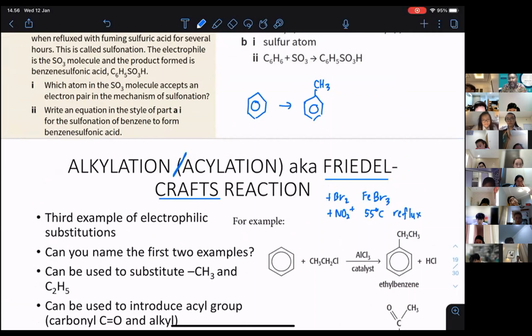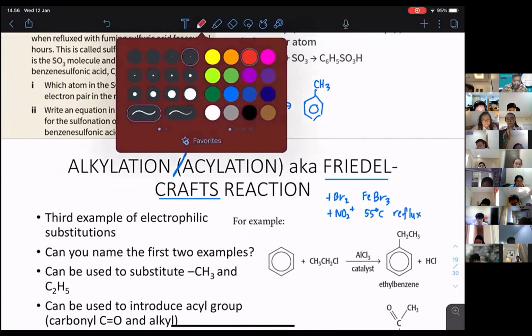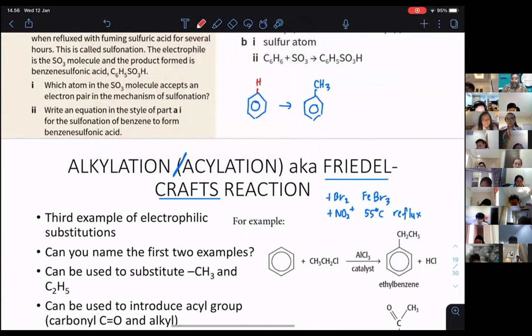What is happening here is I am replacing or substituting the hydrogen with the CH3. The reaction is known as the Friedel-Crafts reaction.